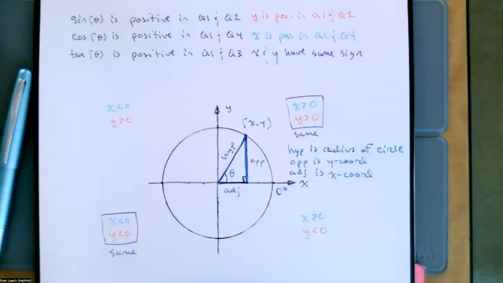So going around this circle, the x coordinate will tell us the cosine of theta. The y coordinate will tell us the sine of theta.